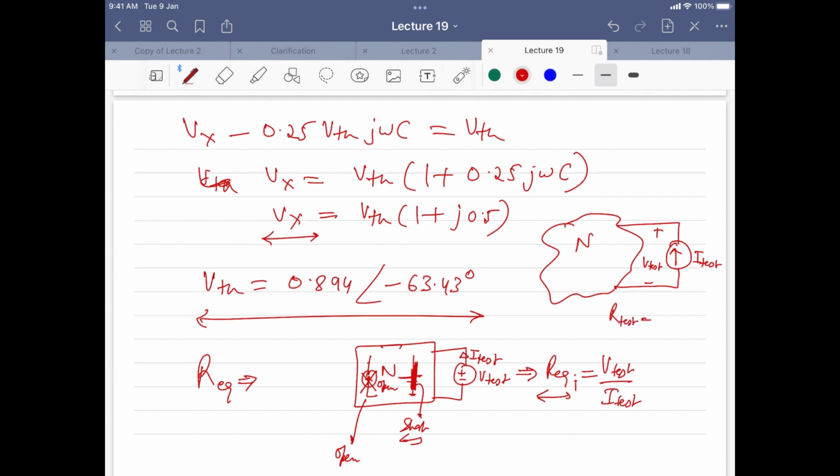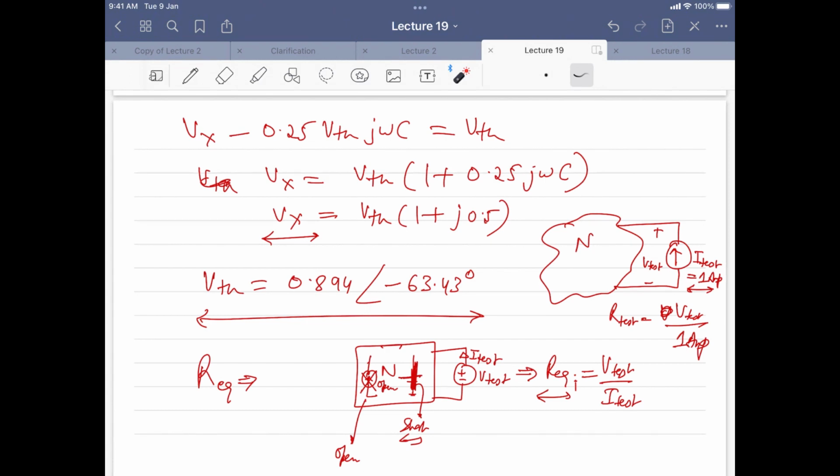If you take I test as 1 ampere for your analysis, then whatever voltage you generate across these terminals will be the R equivalent, because the current that you are feeding in from outside is 1 ampere.